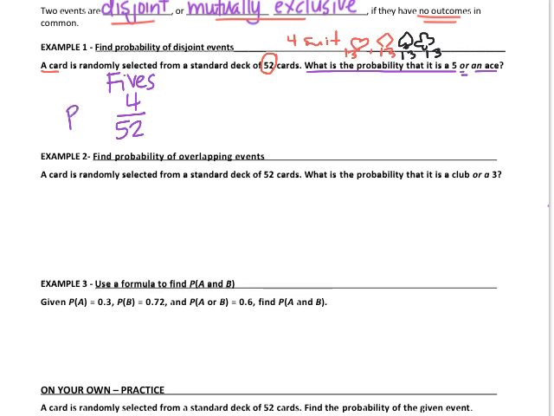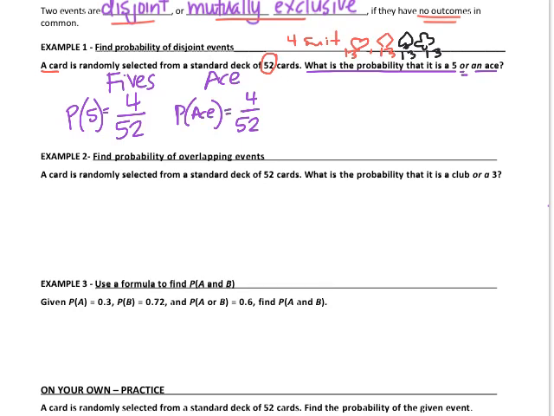So the probability of pulling a 5 is 4 out of 52. Well, what's the probability of pulling an ace? The probability of pulling an ace is going to be the same because there are still 4 aces in the deck of 52.